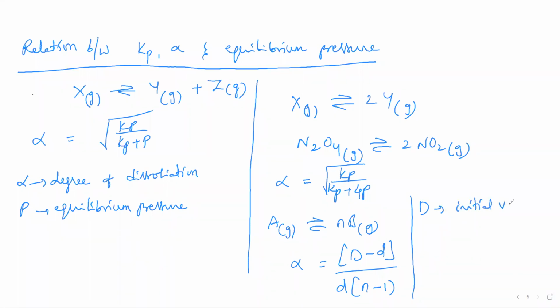Initial vapor density. And d is the vapor density of the equilibrium mixture.